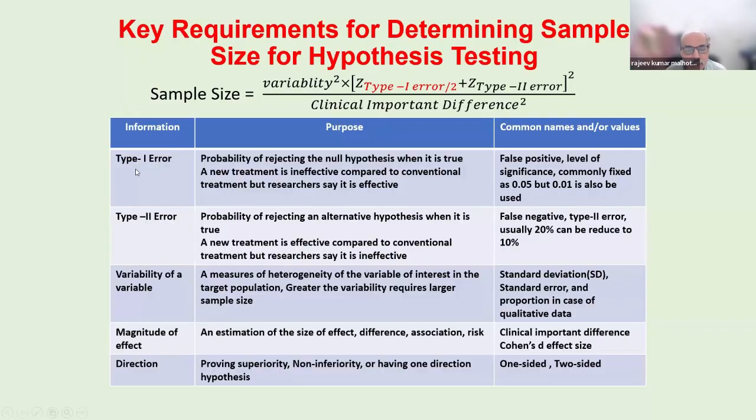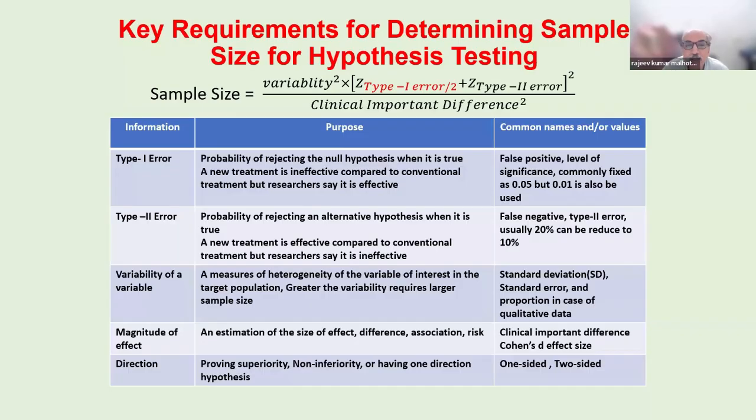Now we come to the meaning of type 1 error. Type 1 error is the probability of rejecting the null hypothesis when it is true. What does that mean? A new treatment is ineffective compared to the conventional treatment, but researchers say it is effective. Our study shows a significant difference, but in the population it is not effective.